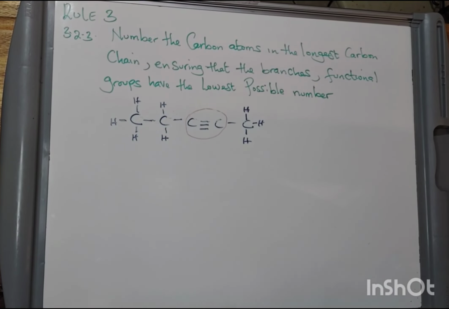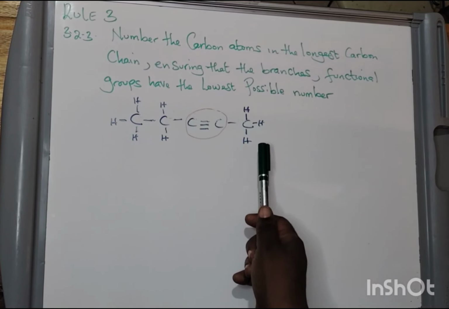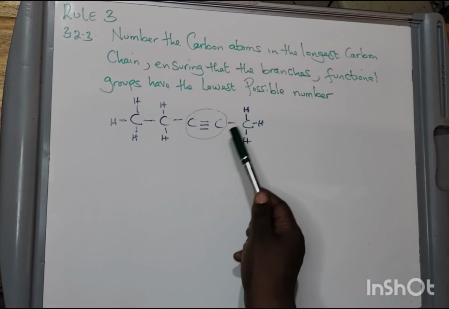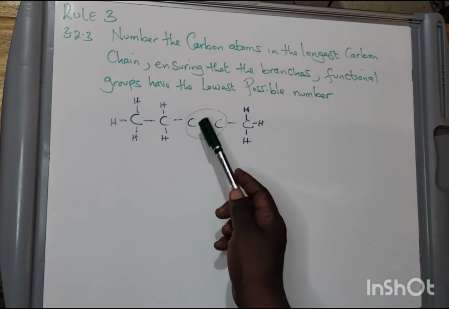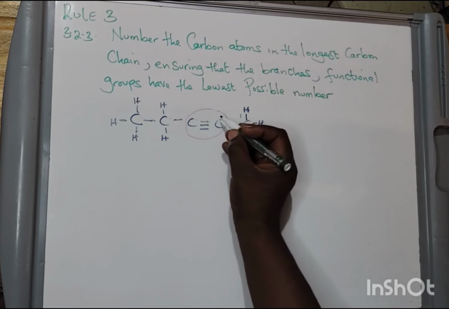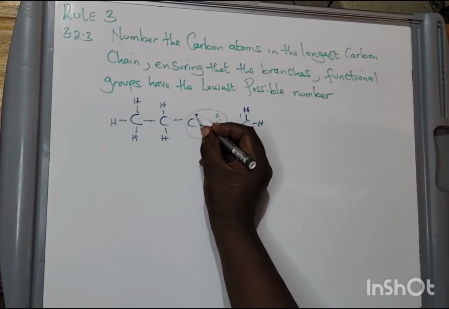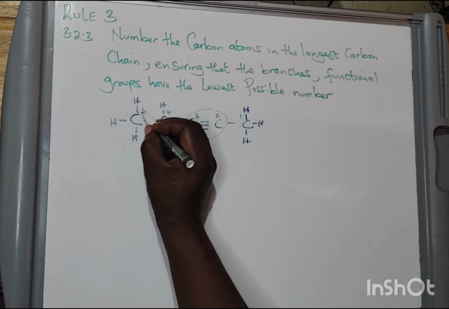And now we are going to number from this side because it gives our functional group the smallest number. Okay, let's try numbering and we see it's going to be 1, 2, 3, 4, and 5.